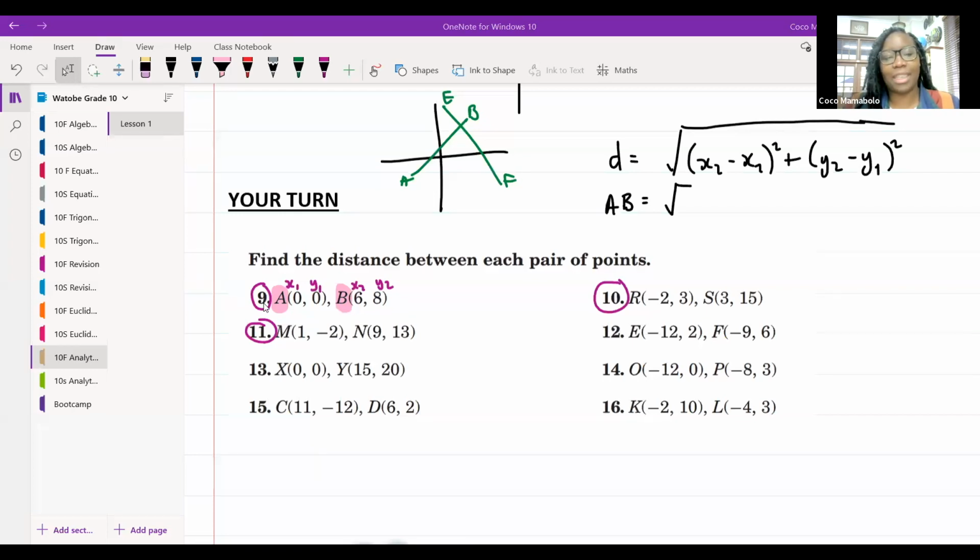Ma'am, sorry, I'm a little confused. I know that when you've got a cube root sign and a square, they cancel each other out. So now I'm a little lost here. Okay, which answer did you get? I was doing number 10.